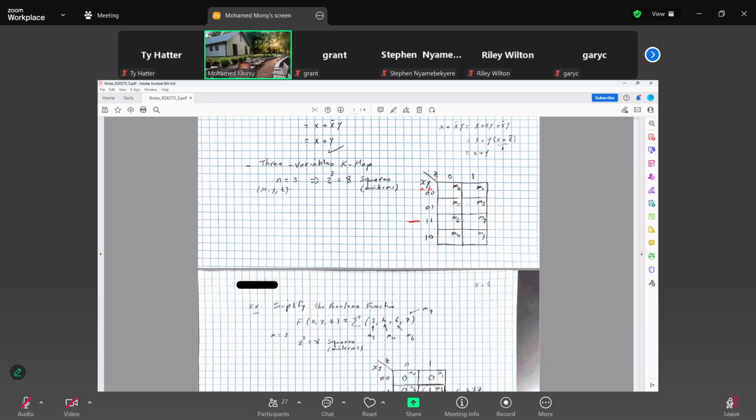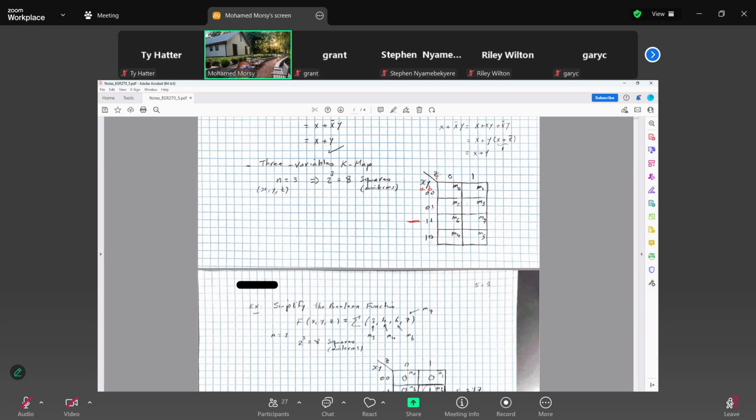It's okay if they feel comfortable with that, but for me this is the standard. We put it in this way. If we have 3 variables X, Y, Z, or A, B, C as inputs, we just put A, B here and C here.